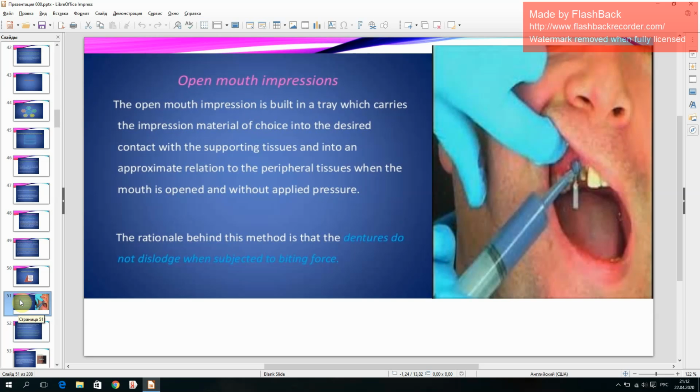The rationale behind this method is that the dentures don't dislodge when subjected to biting force.